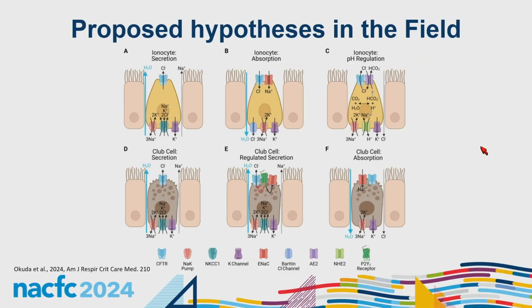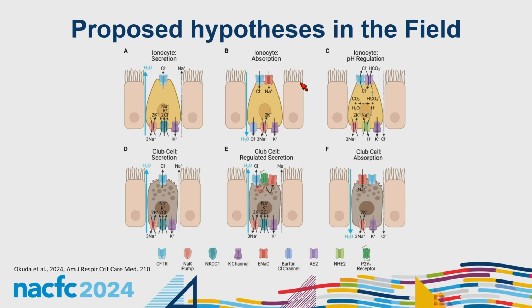So I think it's fair to say that pulmonary ionocytes are a big topic that is being studied in the field of CF since their discovery in 2018. Many studies have been done to understand what the function of these cells are and how they potentially could contribute to pathophysiology of CF.